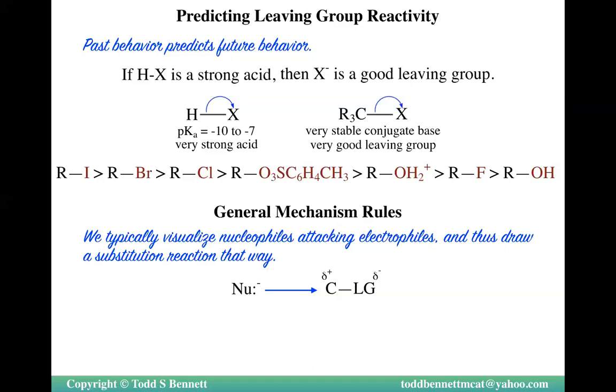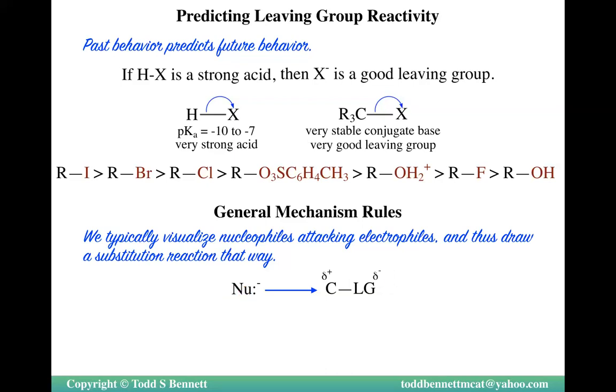We're always going to draw from the electron pair on the nucleophile to the carbon, the delta plus of the electrophile. Now I haven't drawn everything else in, but the minus is attacking the plus, pushing the minus on the other. Just based on electrostatic repulsion, it's not really going to come into the negative side because negatives will repel, so it ends up on the back side.